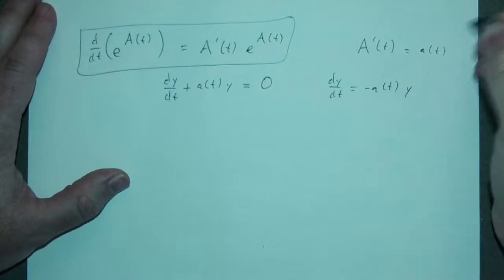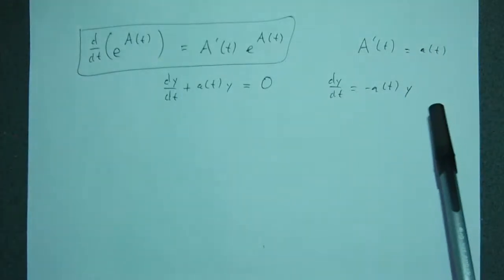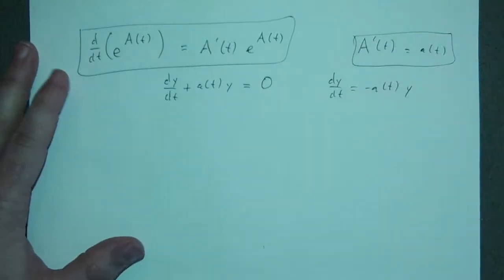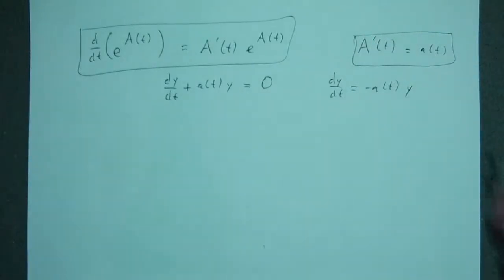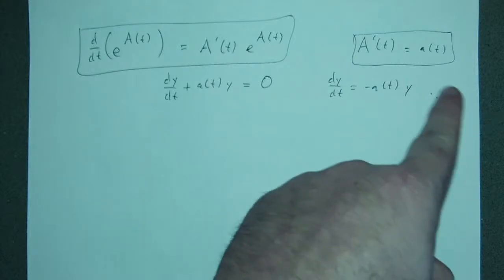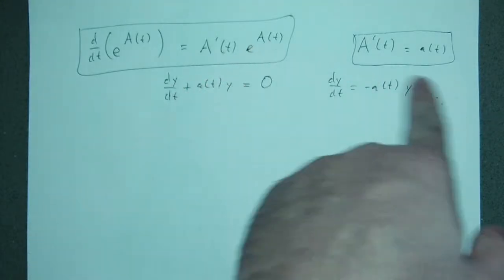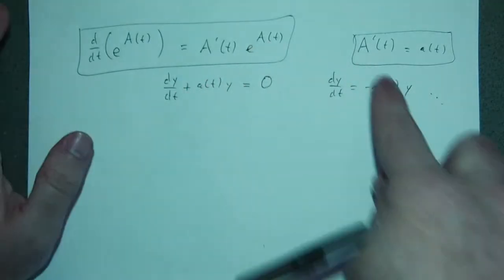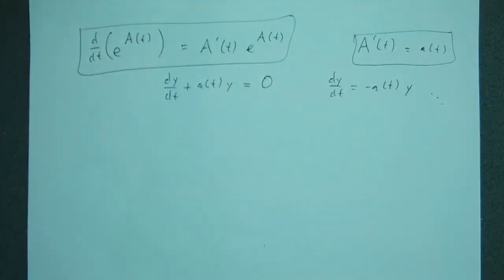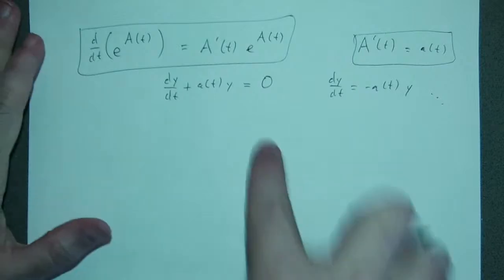You might notice the sign is wrong if I write it like this, but I'm going to write it like this for now. This was our idea. But of course, if I have a little a related to this big A in this way, then really big A is just the antiderivative of little a. That's really what we're using here.